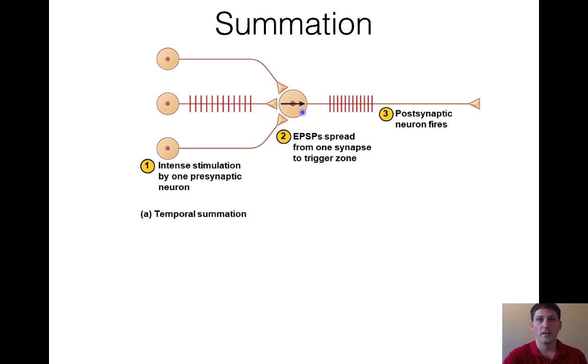They're going to hit this soma, and those EPSPs are going to have an additive effect on that trigger zone and bring this cell to -55 to threshold, and that cell is then going to fire down its axon.